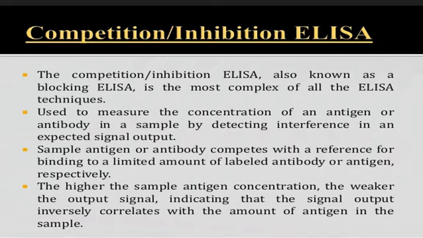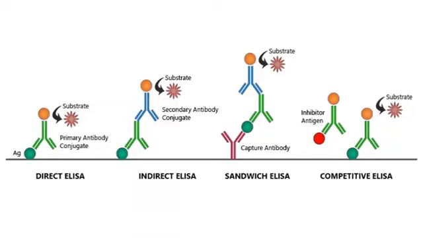It is used to measure the antibodies or the antigen concentration in the sample. ويعتمد على the competition of the antigen or the antibodies with a reference binding to a limited amount of labeled antibody or antigen. So these are the 3 types of ELISA technique المطلوبة من عندكم اللي هي الدايركت والاندايركت والساندويتش ELISA technique.